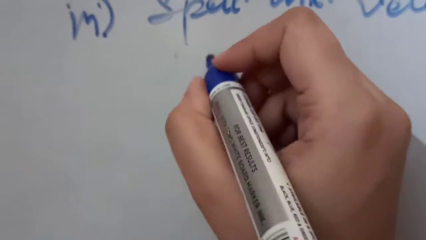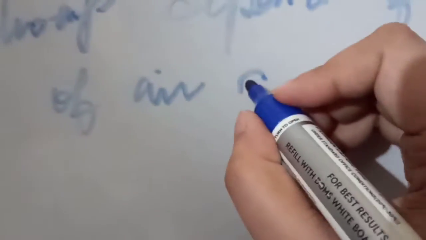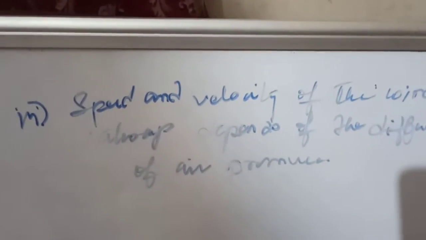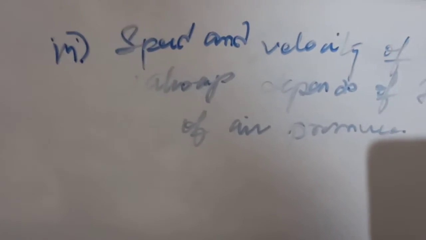The speed and velocity of the wind always depends on the difference of air pressure. So if the difference of the air pressure is more, the speed of the wind will be more. If the difference of the air pressure is less, then the speed and velocity of the wind will also be less.